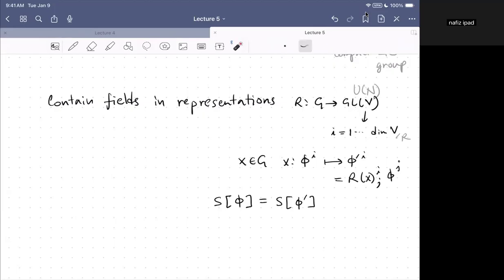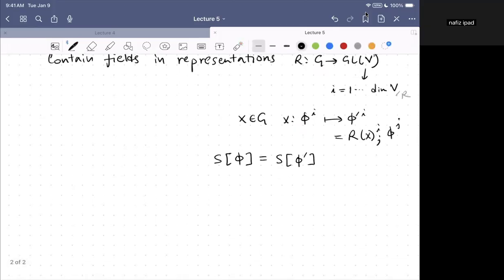Okay. And I'm writing phi as a stand-in for any field that transforms under some representation of this group. This can be boson or fermion. And the representation can be anything really. And also recall that associated to any such representation of the group, we shall also have a representation for the Lie algebra.